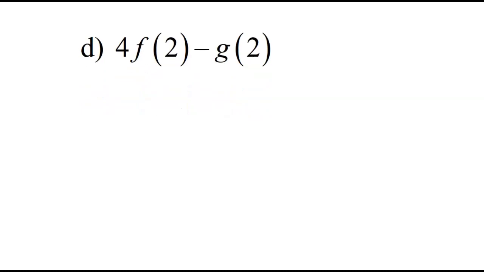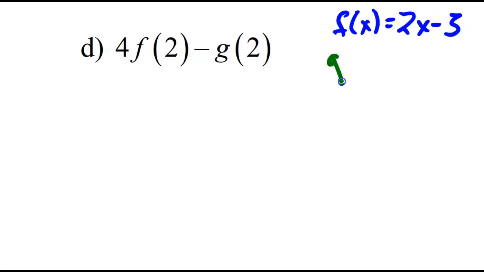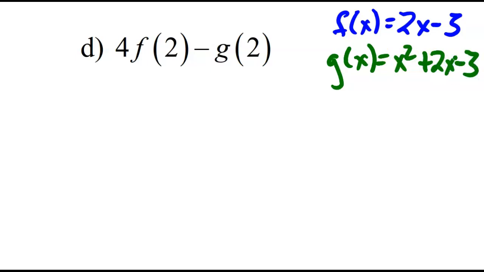Okay, on this problem, remembering what our values are. So just quickly, f of x is 2x minus 3. G of x is x squared plus 2x minus 3. All right.